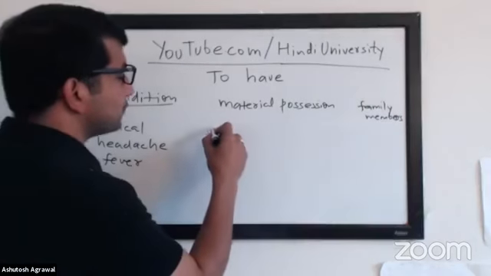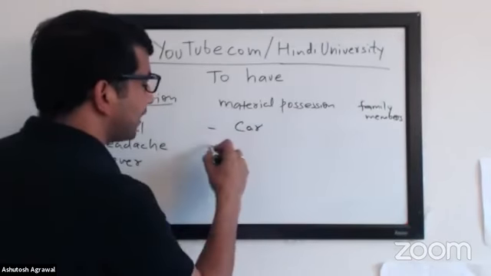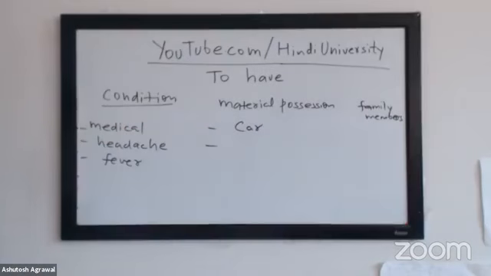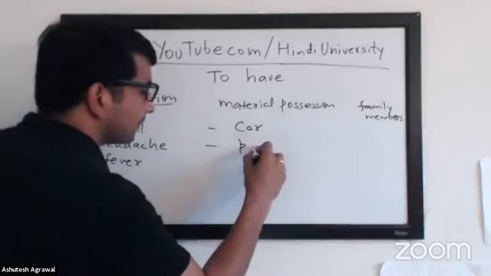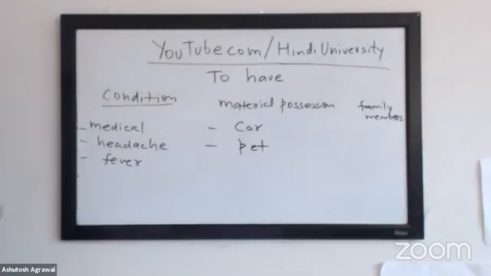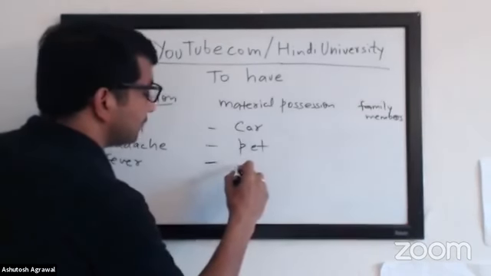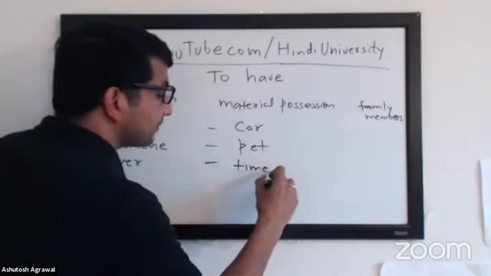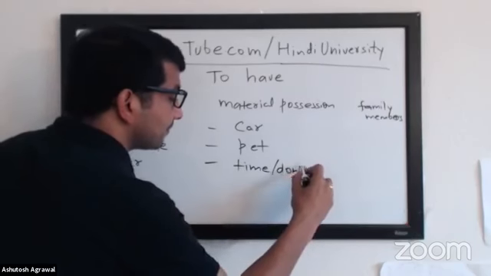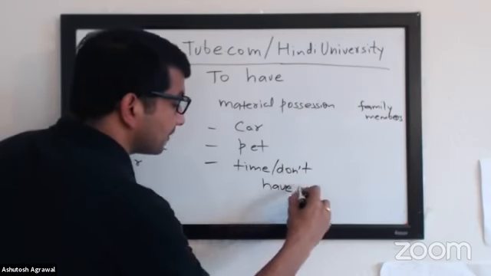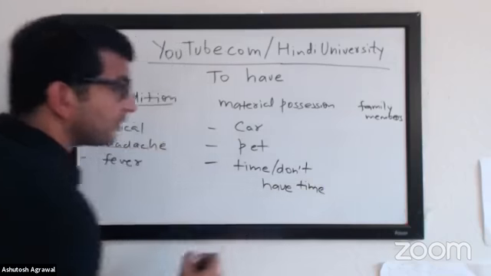For possessions, in English you will say "I have a car" or "I have an iPhone" or "I have a camera" or "I have a pet." Anything material, you can say that with "to have." Or similarly, non-material, you can say "I have time" or "I don't have any time." "Don't have time" is another way to say that.